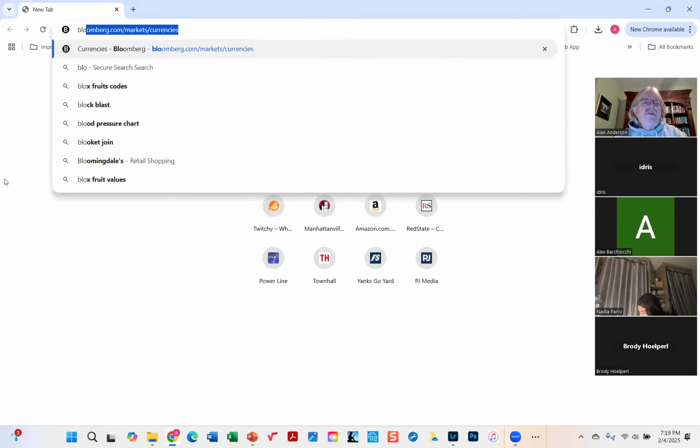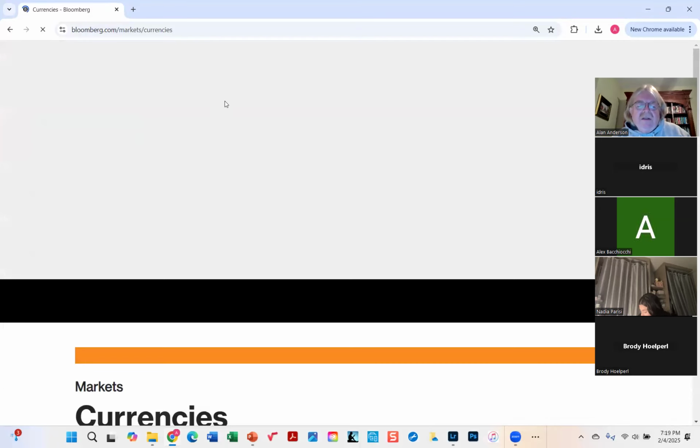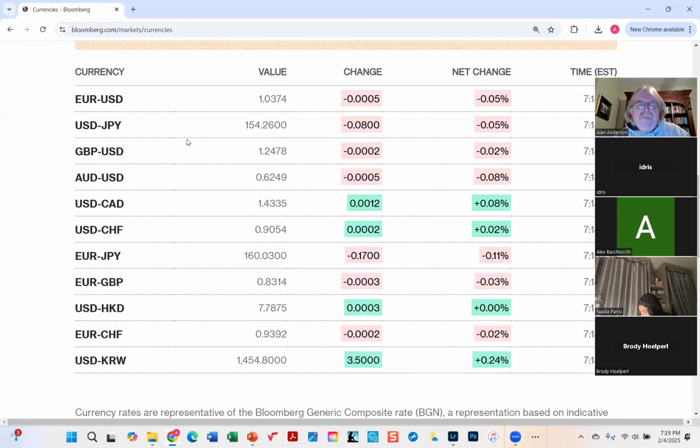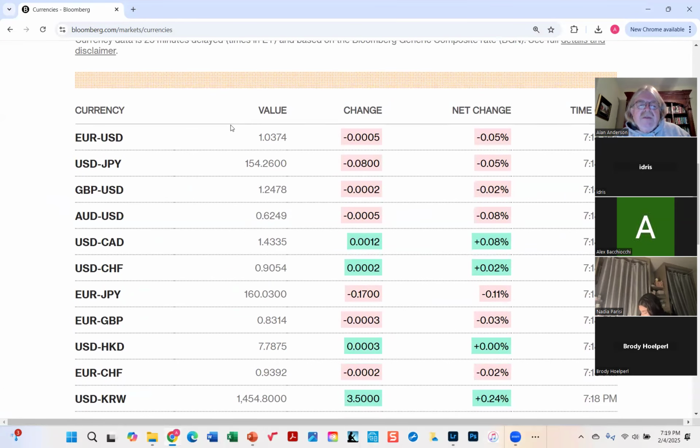There's a lot of exciting news, but not necessarily in the currency markets. The currency markets, sometimes they can be very stable, sometimes they can be very volatile. A lot of it does depend on what's happening in the economy, of course, but they also tend to be very sensitive to political turmoil.